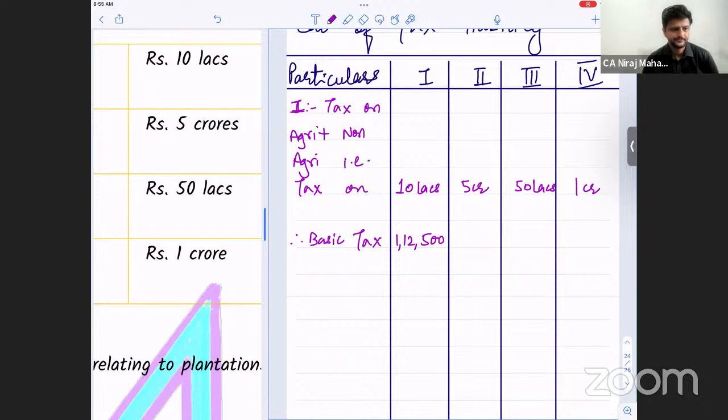It's a typing mistake. Did you add 1,12,500? You have to add now 1,12,500. I'm dictating also here what to do: 4 crore 90 lakhs into 30% plus 1,12,500. Mansi, thank you. Correct.